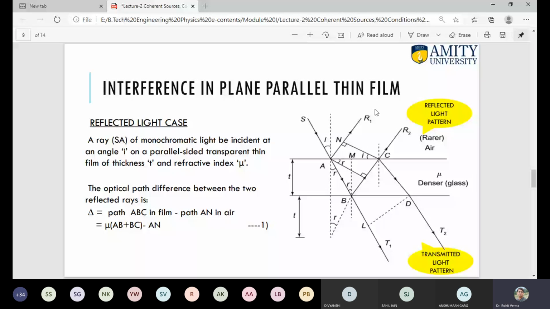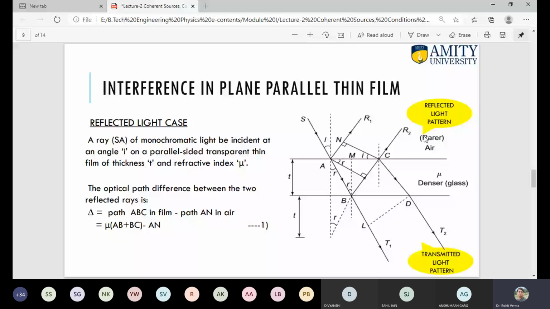So all the conditions of coherent sources will be satisfied for these two rays R1 and R2. Therefore, we can say that R1 and R2 are coherent rays, and the distance between these two rays is very small.